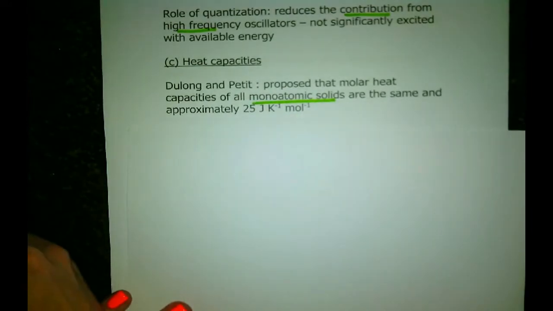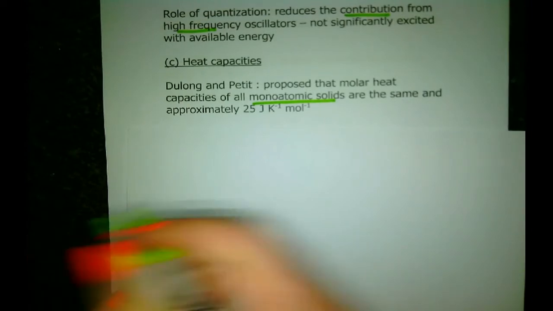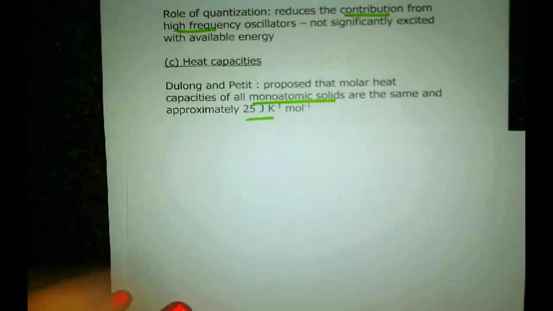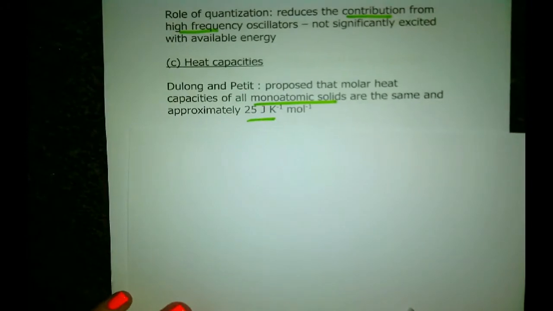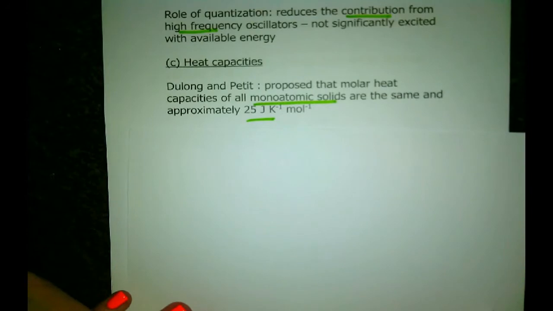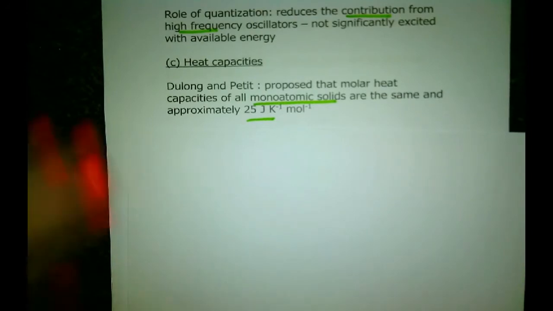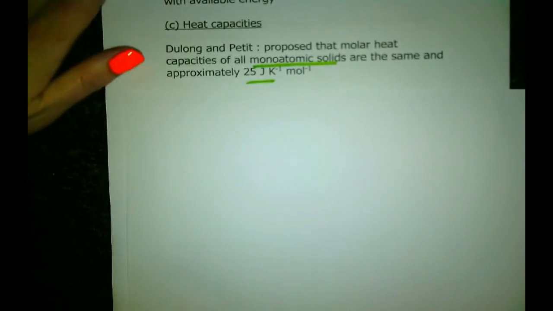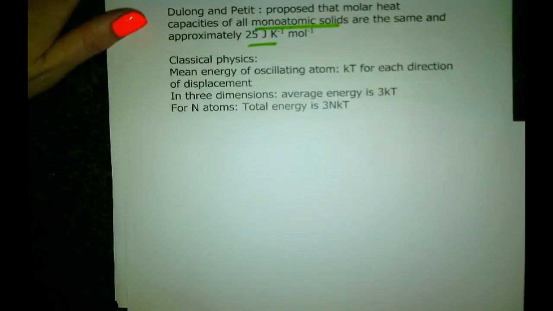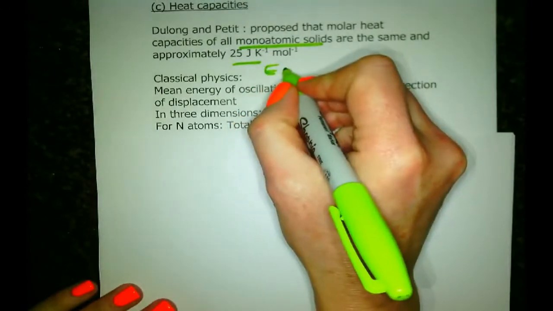So these are solids containing one specific atom. So it's not a molecule, it's an atomic solid. And they found that these values of the heat capacity of these solids are all around 25 joules per Kelvin per mole. How did they get to this? Using classical mechanics. Well, they used what is known as the equipartition theorem.